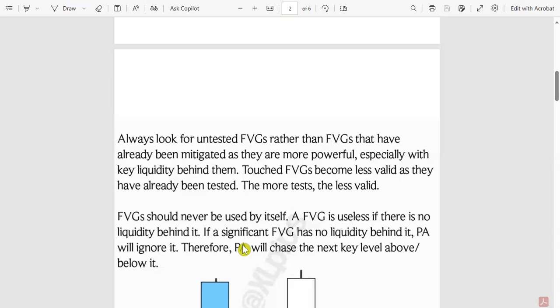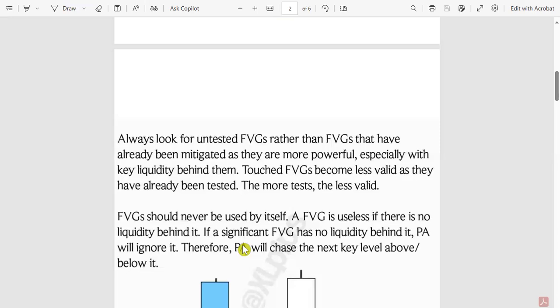But also at that area where you have your fair value gap, it is more and more advised if there is another PD array or point of interest that overlaps with that fair value gap. So if a significant fair value gap has no liquidity behind it, price action will ignore it. Therefore, price action will chase the next level above or below it.